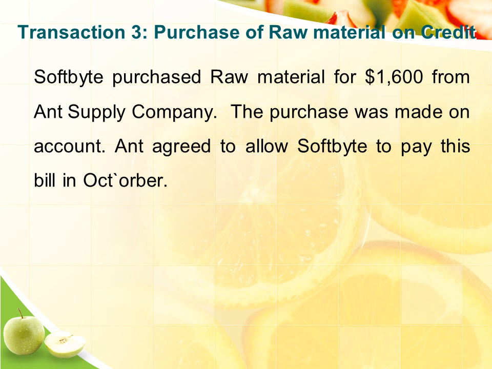This transaction is a purchase on account, or a credit purchase. Shopify purchased raw material. You remember raw material is classified as inventory in current assets. So when the company purchases raw material, inventory, or assets, increase.